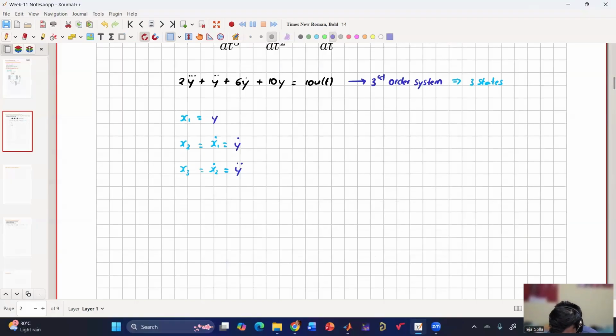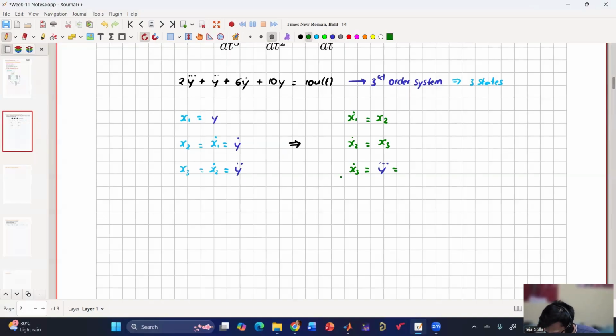So first equation is x1 dot, which is nothing but x2. And the second equation is x2 dot, which is nothing but x3. But how do I get x3 dot? X3 dot is nothing but y triple dot, which I can get from the given equation.